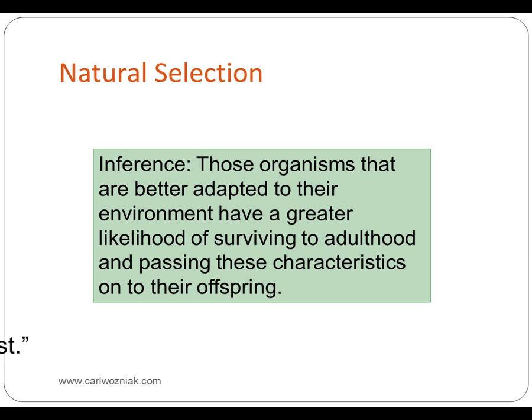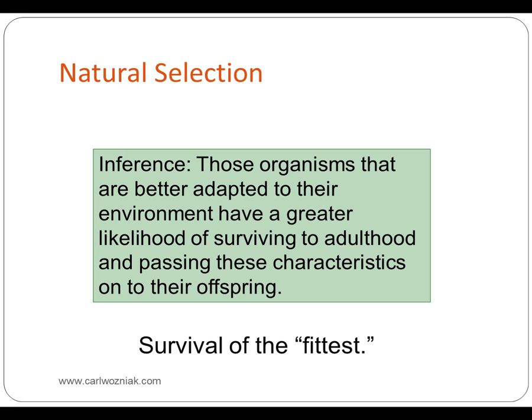And that's where the term survival of the fittest that we talked about comes in. So even within just a set of offspring, there's going to be some natural selection of those offspring that are better suited to survive. And they are considered to be the fittest for that environment.